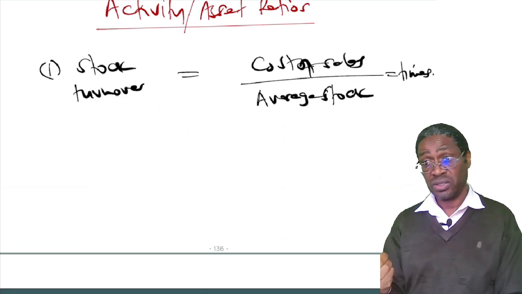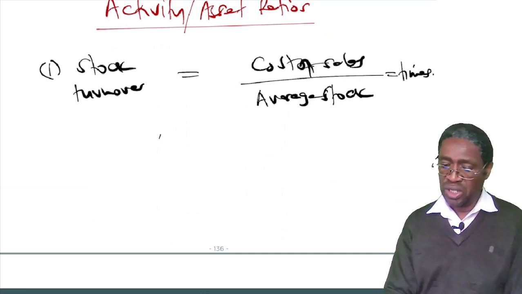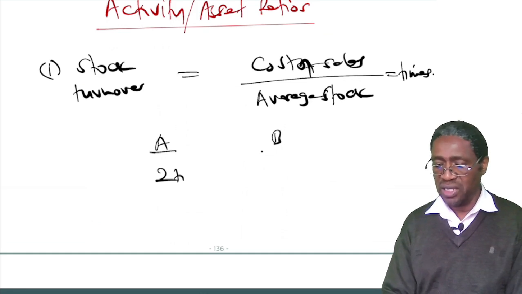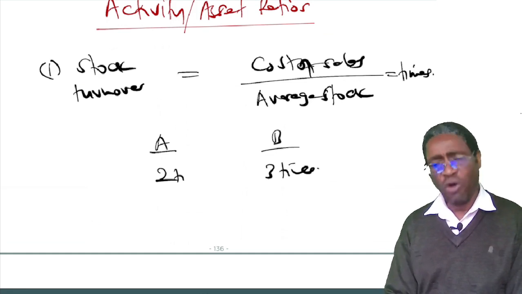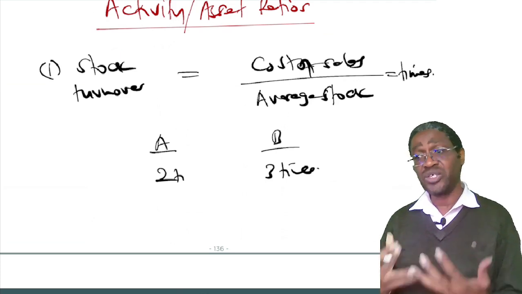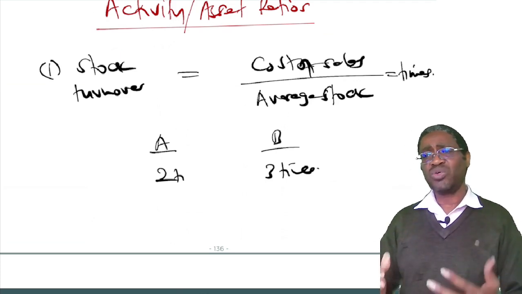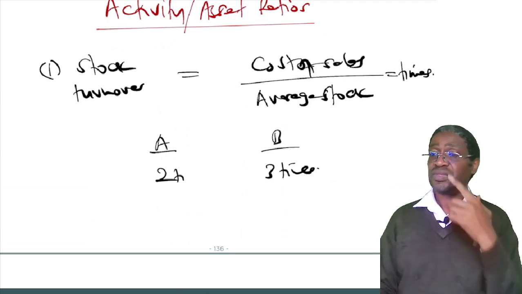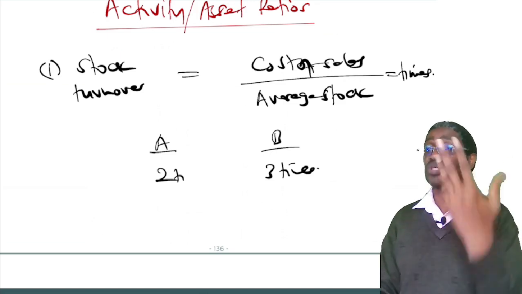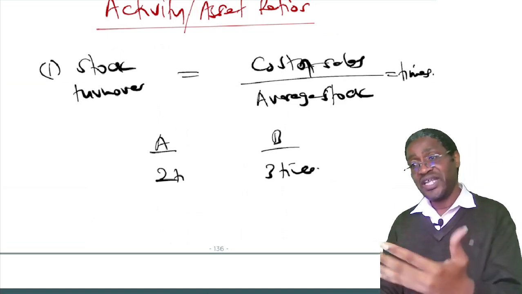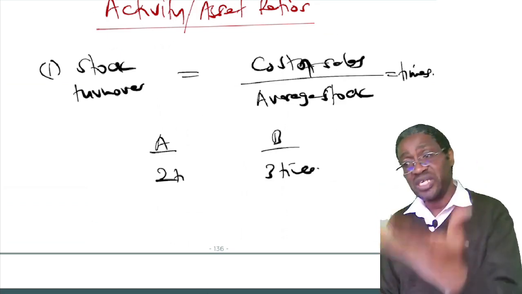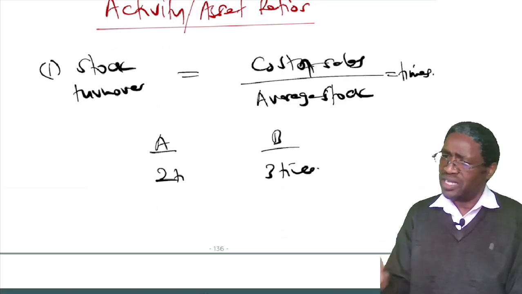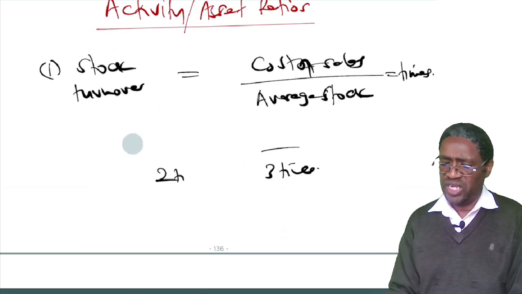If, for example, company A has a stock turnover of 2 times and company B has a stock turnover of 3 times, obviously company B is better. Why? Because they are able to turn their stocks into sales more times than company A. Company A turns their stocks into sales 2 times in a year. Company B turns their stocks into sales 3 times in a year. Okay? So B is better.